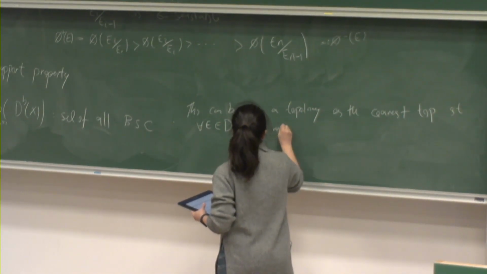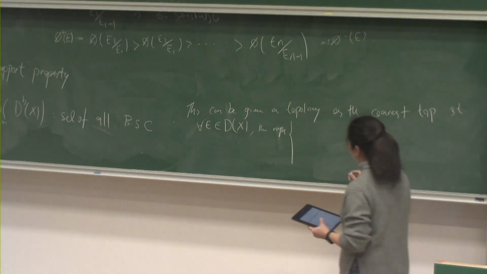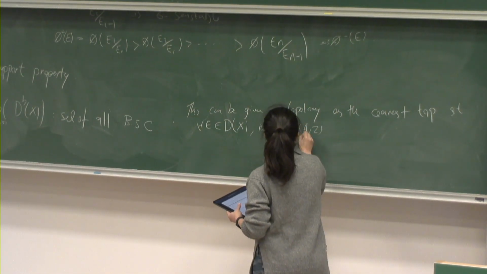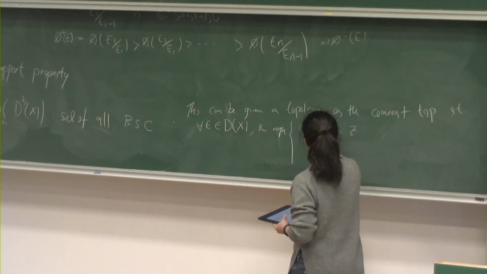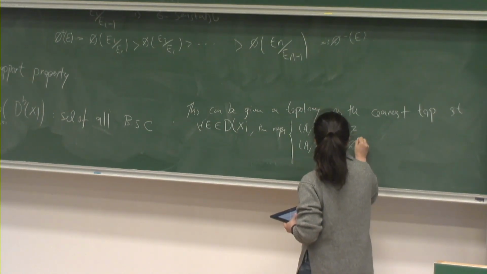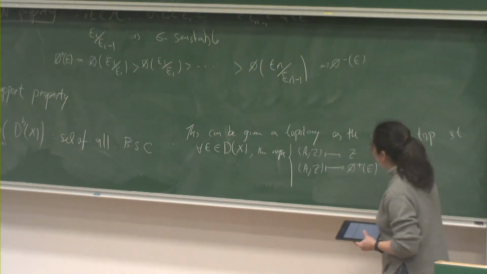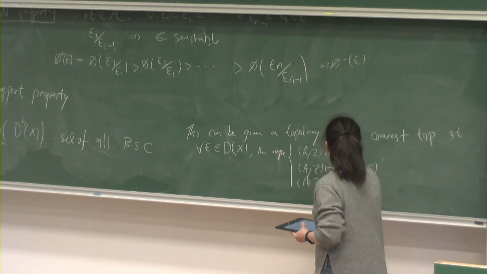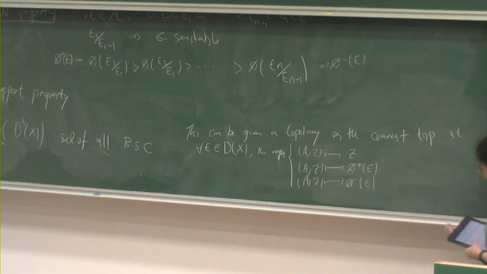For any fixed object, I can consider the map that sends any pair A and Z to the central charge; the map that sends A and Z to the maximum phase in the filtration of E, the Harder-Narasimhan filtration that I've just defined; and the one that sends A and Z to the minimum phase. I want all these three maps to be continuous.